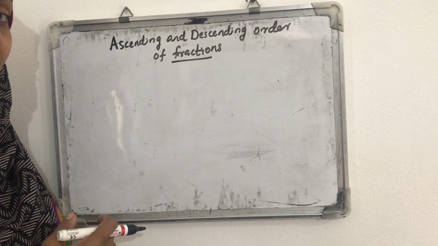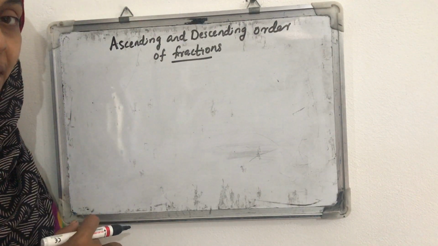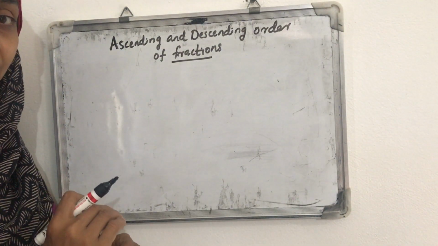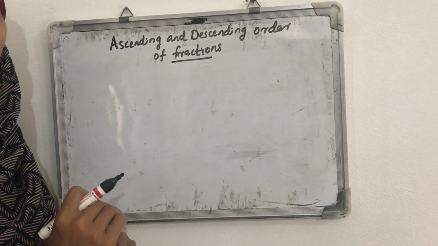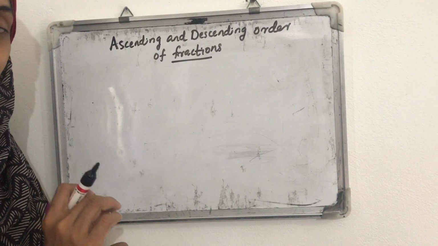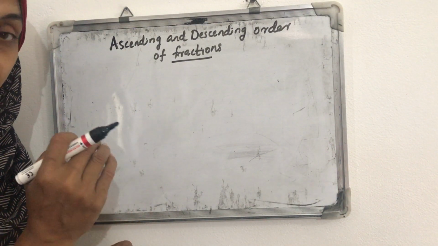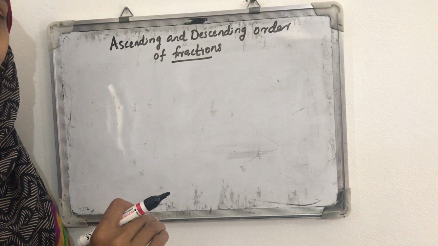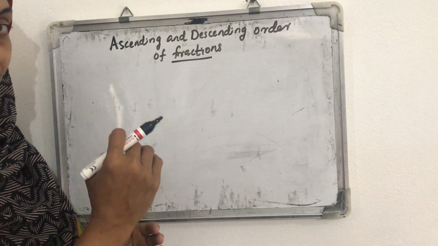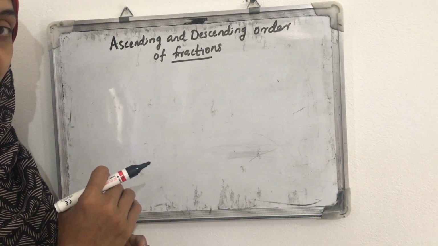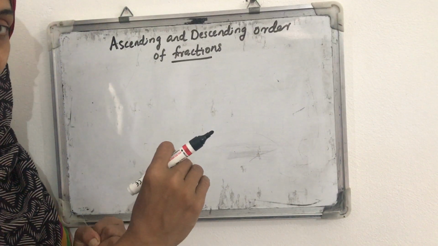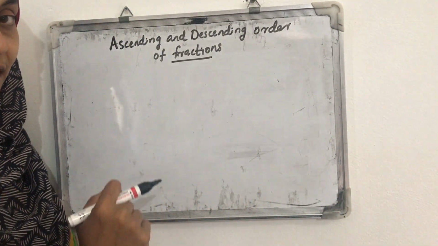Ascending order is arranging numbers from smaller to bigger, and its reverse, arranging numbers from bigger to smaller, is called descending order. In ascending order, we write the smallest number first, then the next bigger, then the last will be the biggest number.